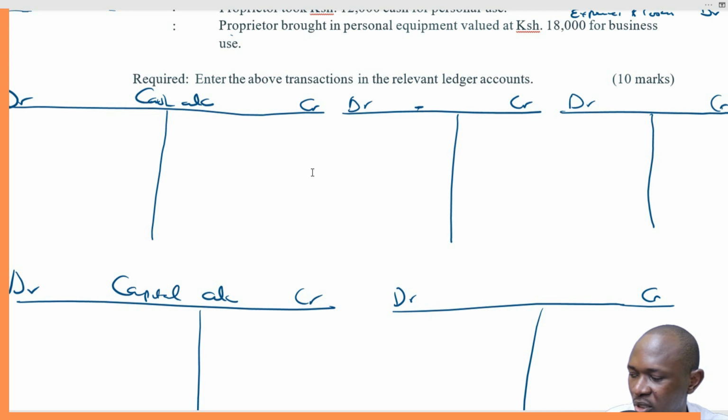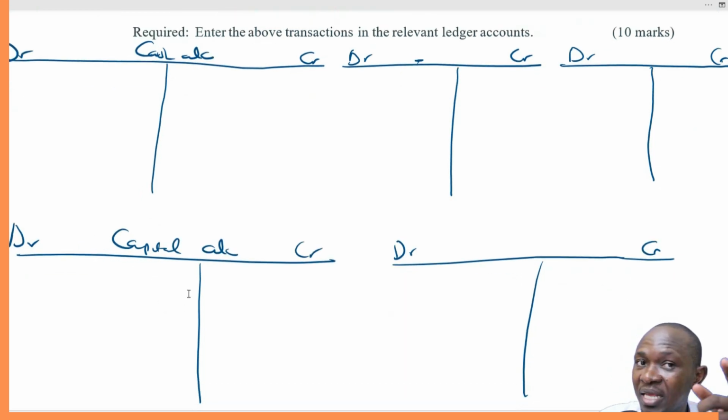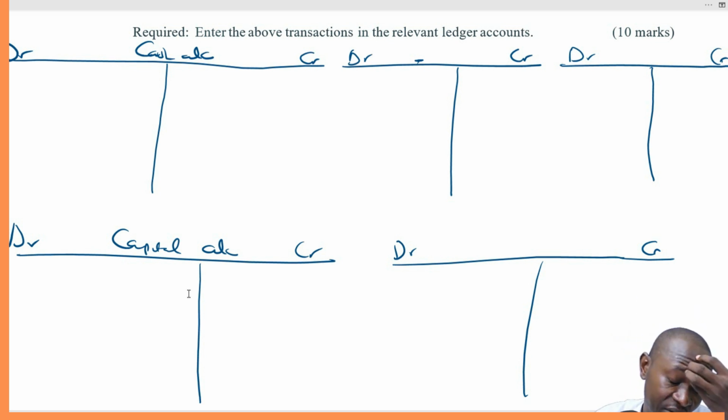Money has been introduced into the business, so this becomes a liability. When you introduce capital into the business, it becomes a liability to the business. Remember, we said that you and the business are two different parties. The business has to pay you your money, even if it's after 100 years.